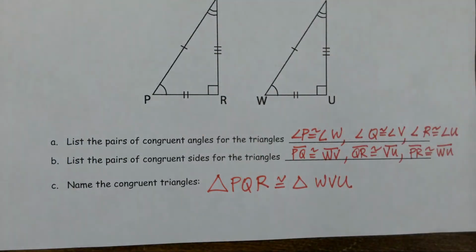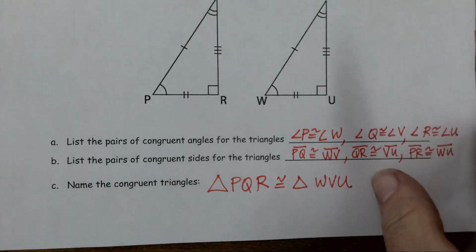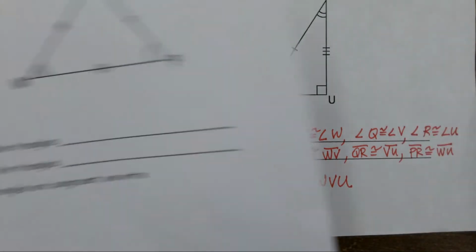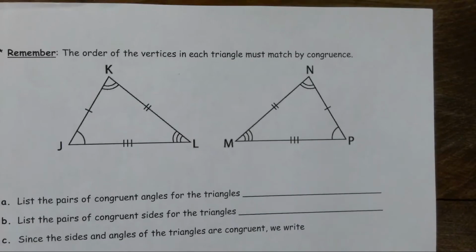So the next two, 3 and 4, are pretty much the same thing, aside from the fact that if you look at the triangles, they're facing different directions.